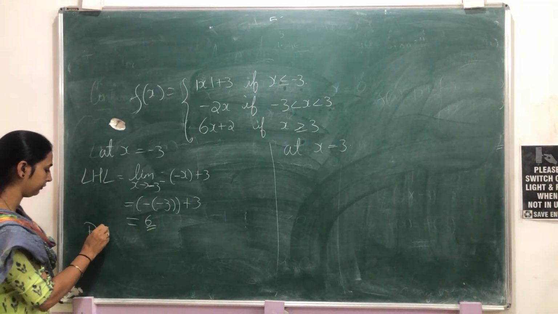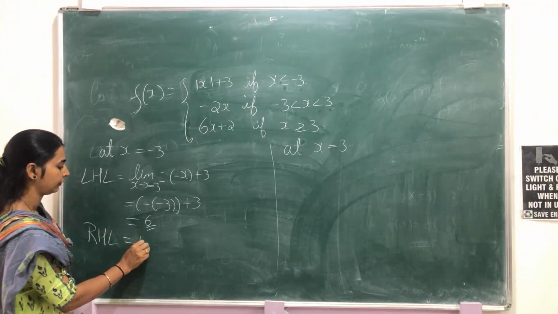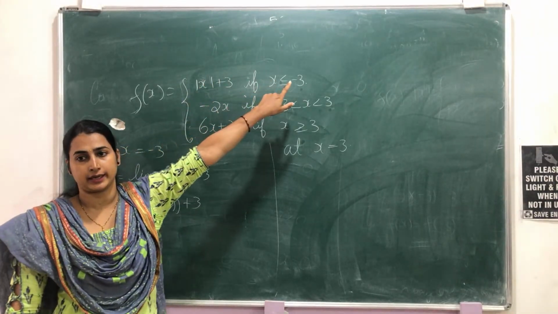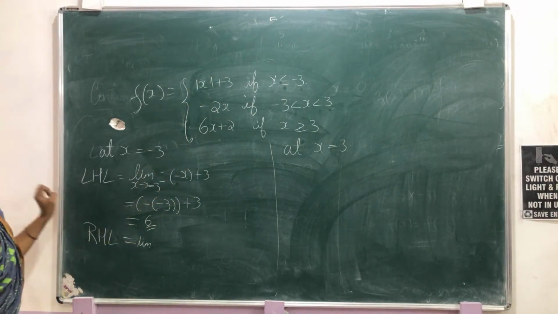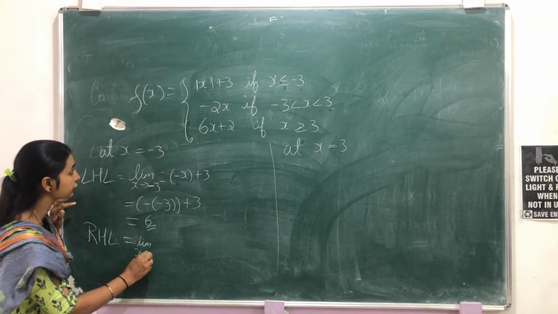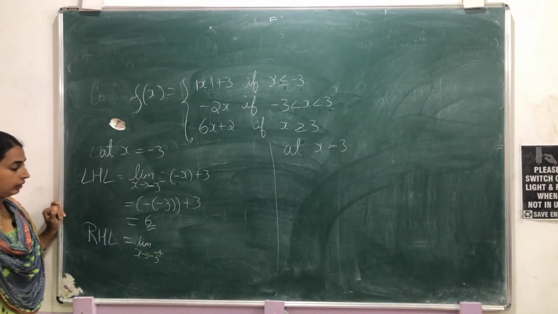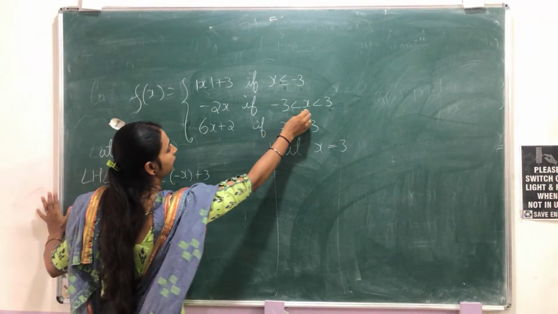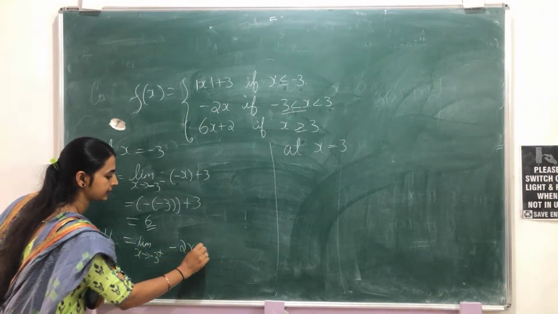Similarly, what is right hand limit? Why it is minus x? Because mod x and it is negative side. Negative mod x will be negative. Here limit x tends to minus 3 plus. What is f of x now? See, more than minus 3 is nothing but minus 2x.